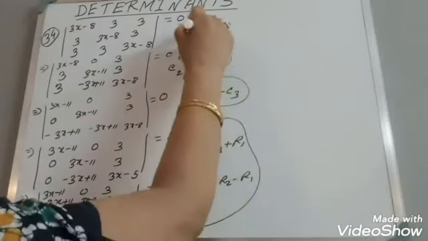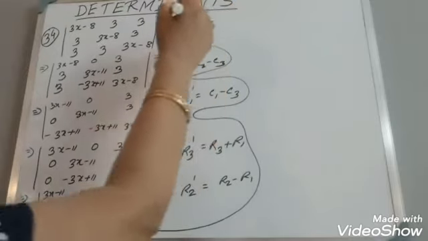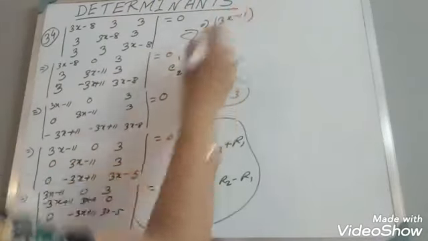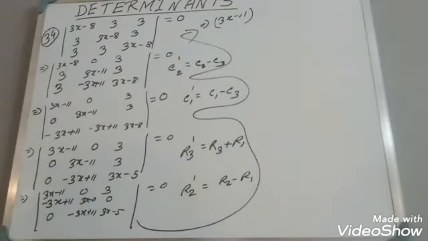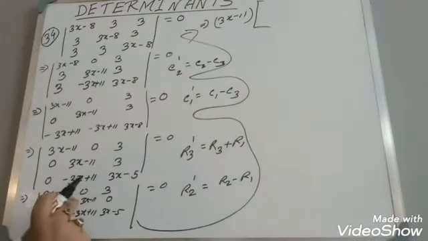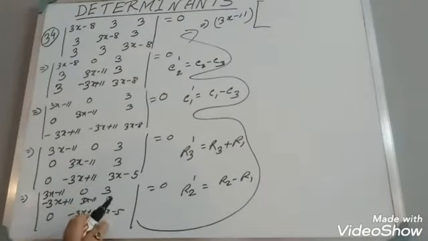Let us expand this with respect to the first row. So it will be 3x minus 11 into, 3x minus 11 into 3x minus 5, minus 3x minus 11 into 0. Okay.